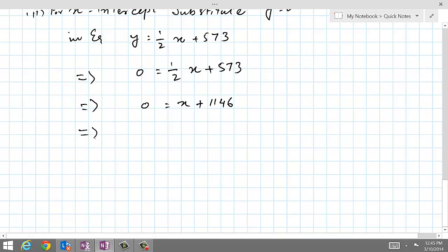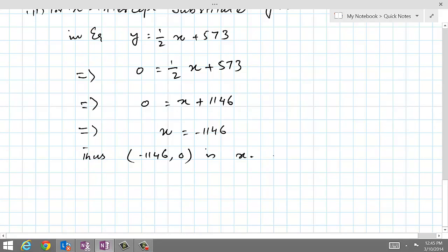In fact, x is equal to minus 1146, and the point will be thus minus 1146, 0. It is the point where the line crosses the x-axis, the x-intercept.